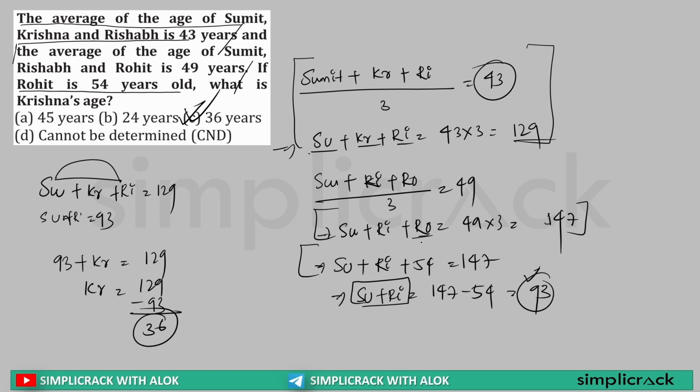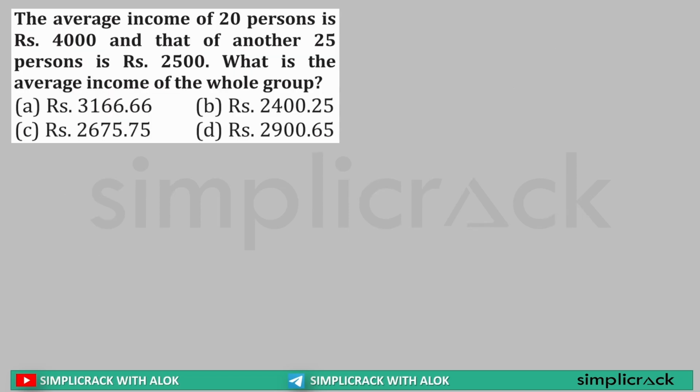Then Rohit's age is given, so in place of Rohit's age I used the value 54. Then I simply solved the whole thing. Clear? In terms of language it may seem a bit confusing, but if you go through the smart approach, you will be able to solve the question.